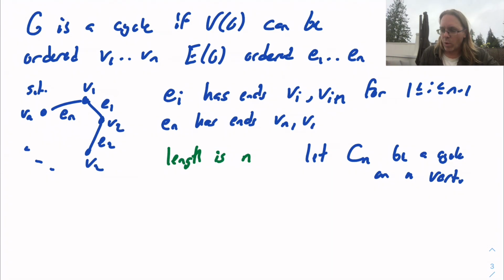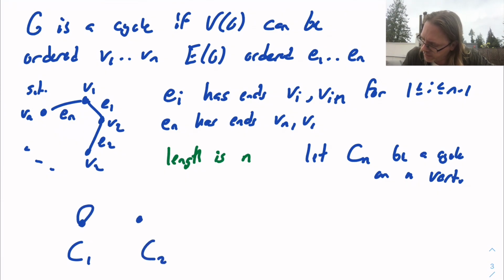So even for C1, if you have just one vertex and just one edge, this rule works. In that case, I'm taking n equals 1, and that will tell you that the edge E1 has to have ends Vn and V1, but your edge has to have ends V1 and V1. That's okay. It can be a loop. So we do have a cycle on one vertex, that's C1. We have a cycle on two vertices. Again, the definition makes sense.